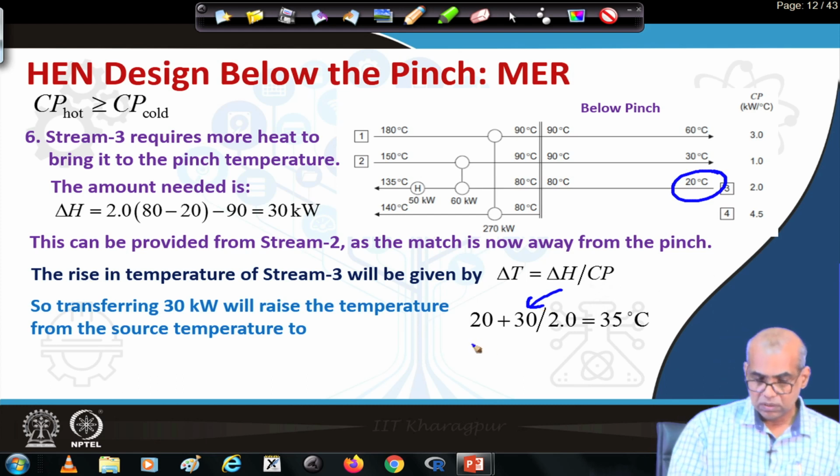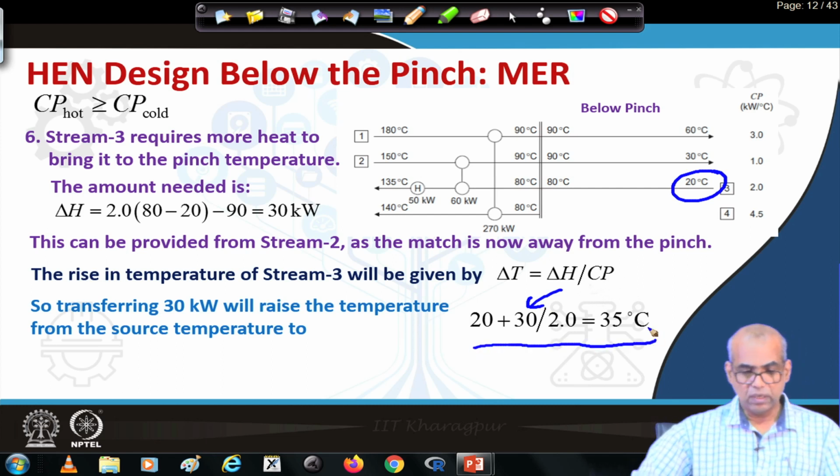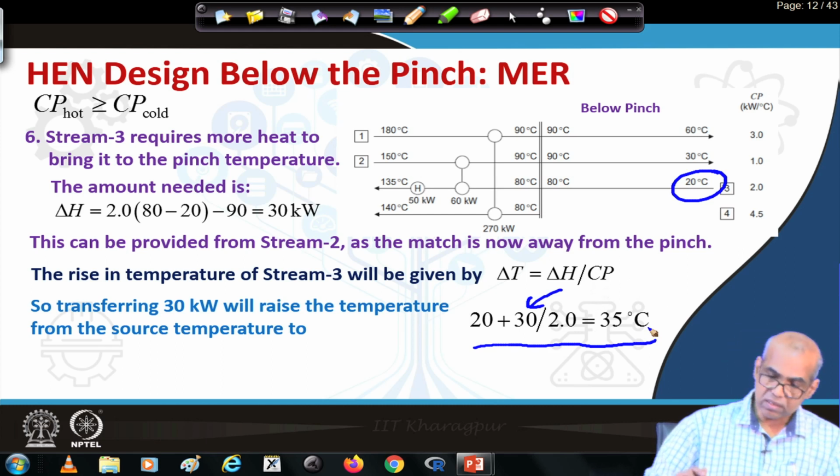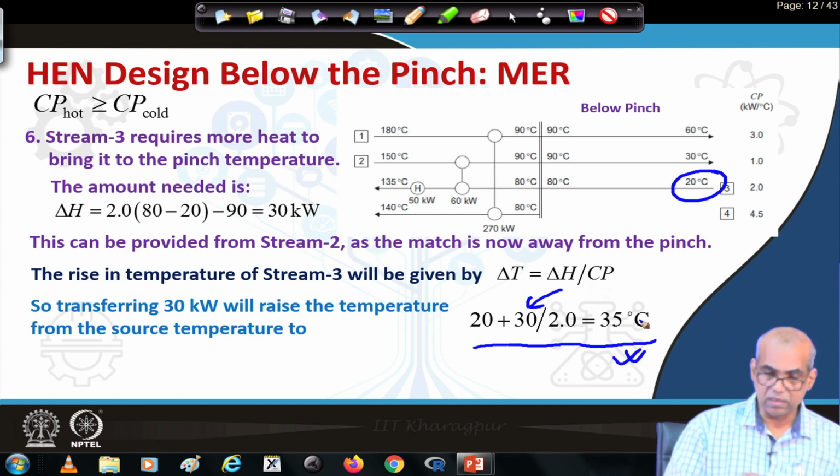So, the temperature will be 20 plus 30 by 2 equal to 35 degrees Celsius. So, the transfer of 30 kilowatt from stream 2 to stream 3 will raise the temperature of stream 3 from source temperature of 20 degrees Celsius to 35 degrees Celsius.